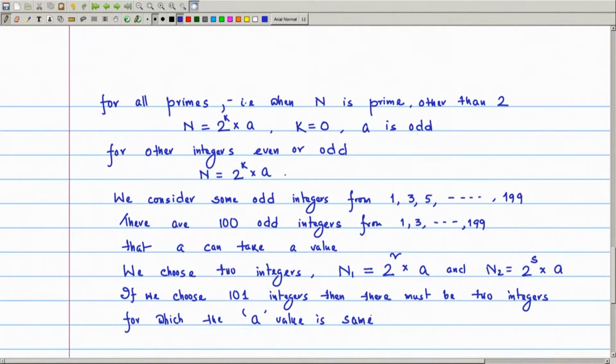Here we are applying the pigeonhole principle.